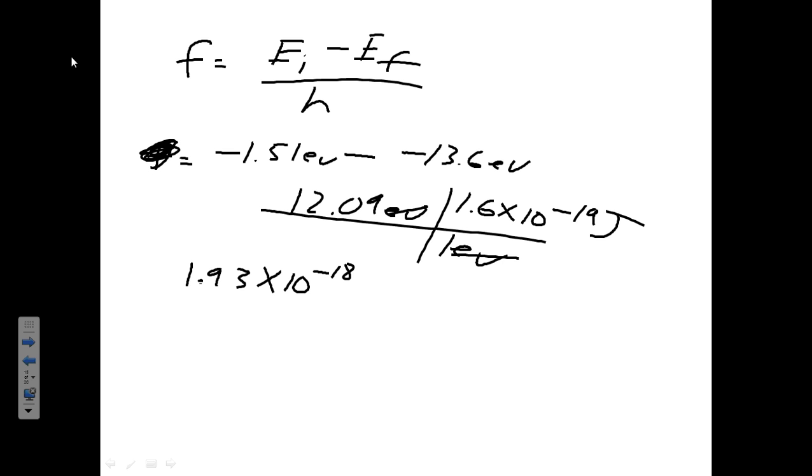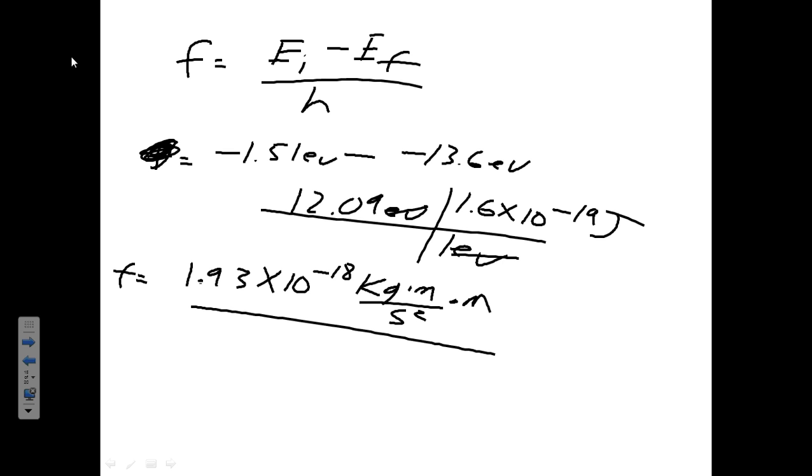I'm going to go ahead and write a joule this way so that we can see the units when we get around to working this. That's what a joule is. And remember, to calculate frequency, frequency is equal to that energy difference divided by Planck's constant, which we also have over there on the board.